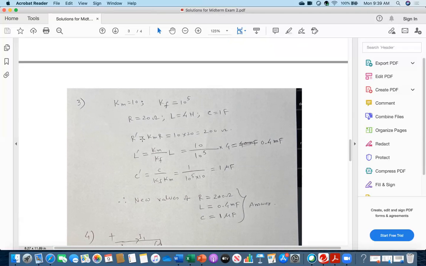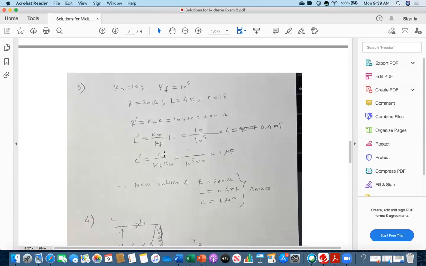New value, R prime is Km multiplied by R. This is my Km, this is my R, 200 ohm. L prime is Km over Kf multiplied by L. Then I am getting 0.4 millihenry. And then C prime is C over Kf Km. I am getting 1 microfarad. That is the answer. So, is everybody fine? Did you all get this thing?